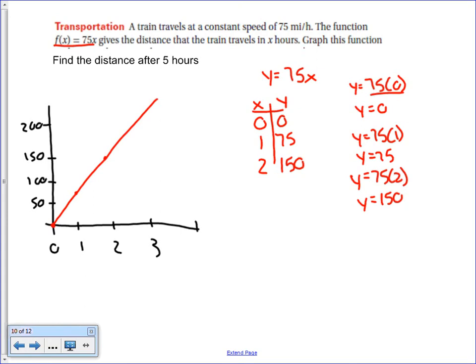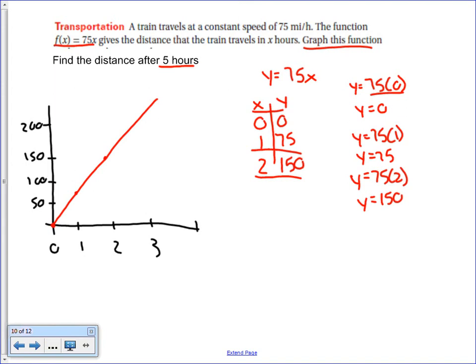And the second part of the problem after we graph is we need to find the distance after 5 hours. You can kind of think of a function as sort of like a machine. If you wanted to find the distance after x hours, basically that's what x is. If you wanted to find out what it was after 1 hour, you just plug 1 in. After 2 hours, just plug 2 in. With 3, you plug 3 in. With 4, you plug 4 in. So finding the distance after 5 hours, all we have to do is plug in 5.